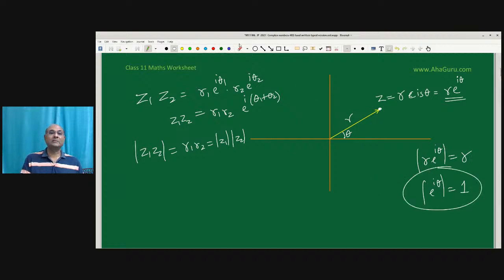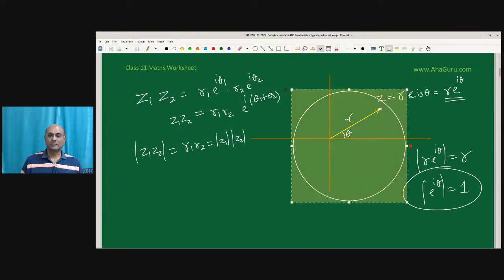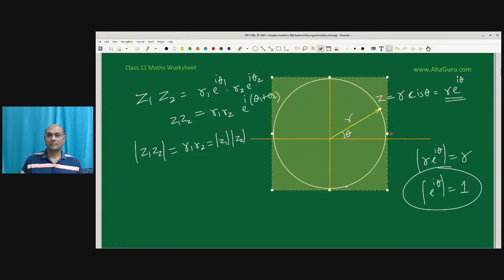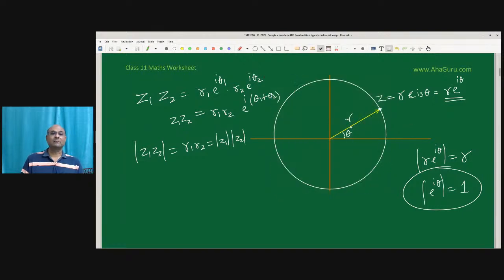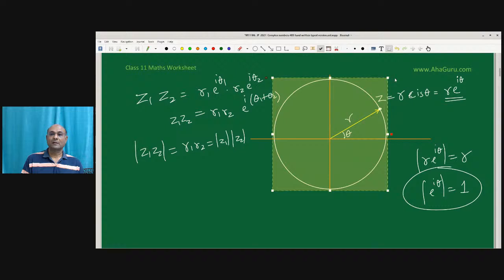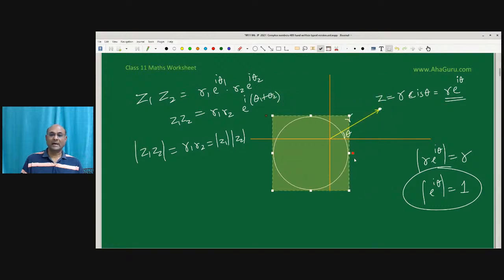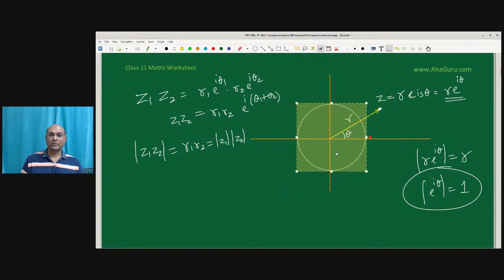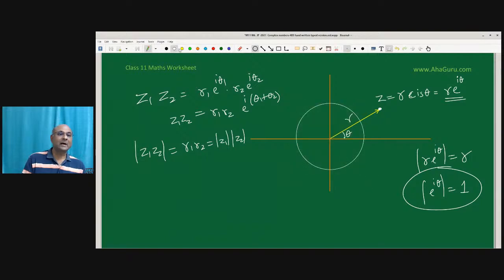E power i theta lies on a unit circle. Suppose I had a unit circle. Let me draw this circle. E power i theta lies on that circle. This is not the unit circle, that is the radius r. So let me say that this was the unit circle. E power i theta will be this.